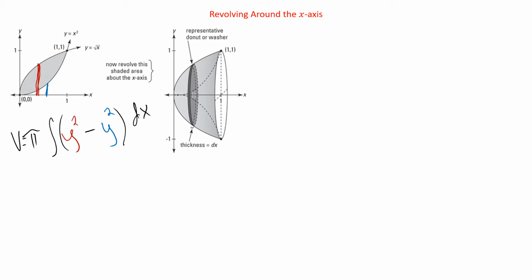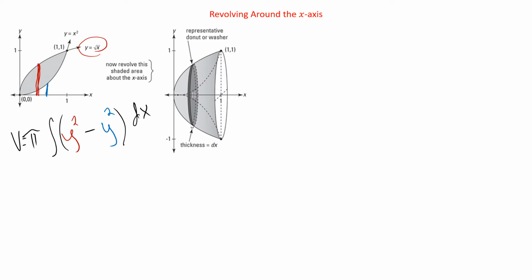Now, like we did with the disks, we need to plug in for x's in there. So we have the red one is the upper one, which is y equals root x.